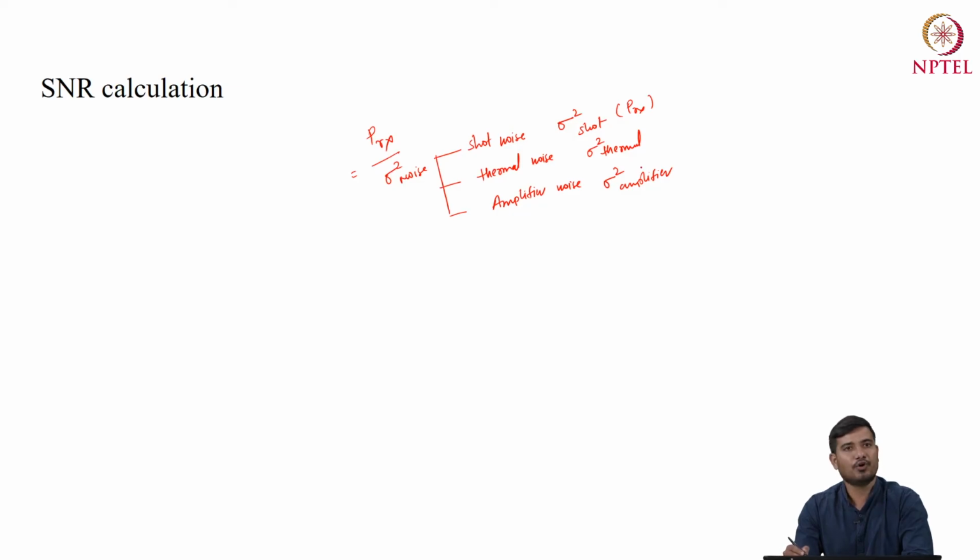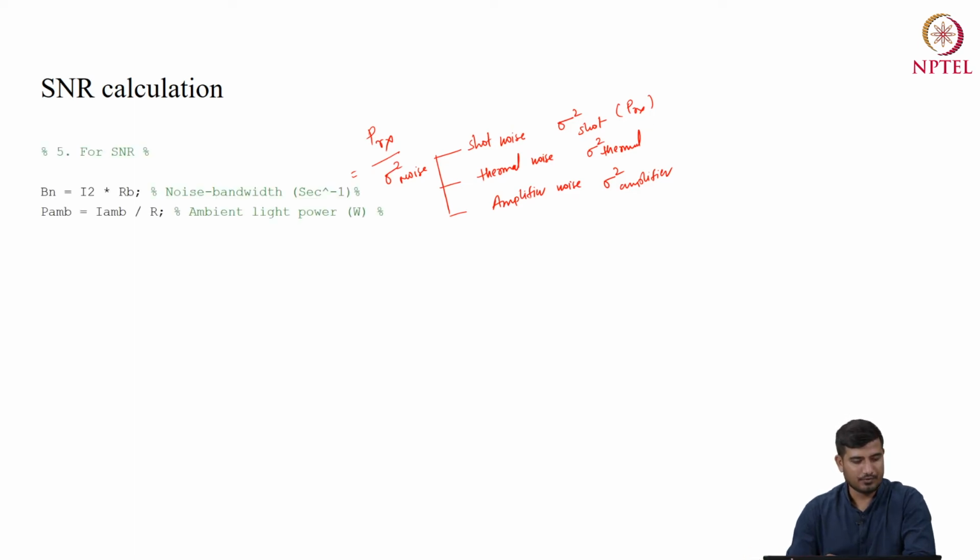So we have already defined all the noise parameters. What we are going to do here is simply write their respective equations, and we have given the input of their parameters, so we can get the values in vector form.